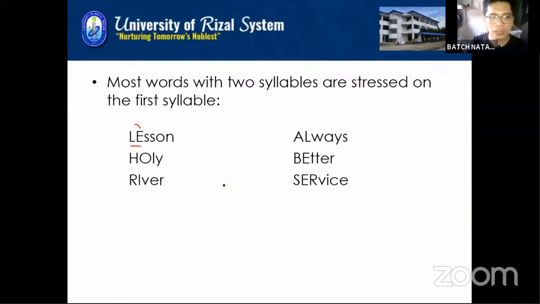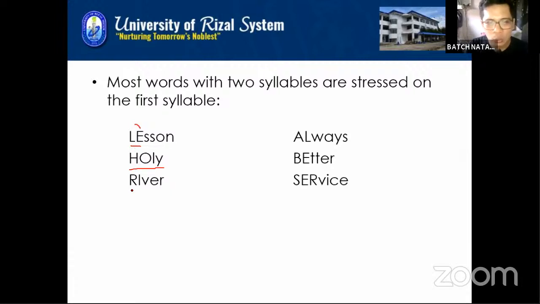Next, sometimes or most of the time we pronounce this word as holy. If you follow the proper stress mark on this word, we say holy. You notice that I prolong the sound of holy.